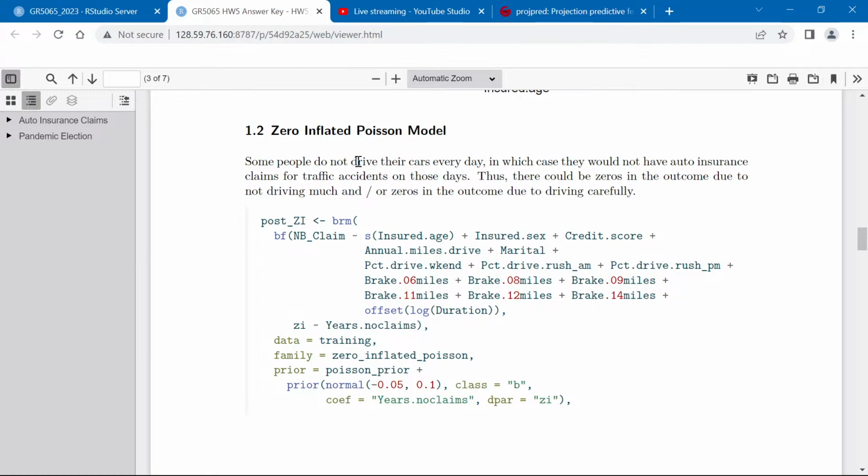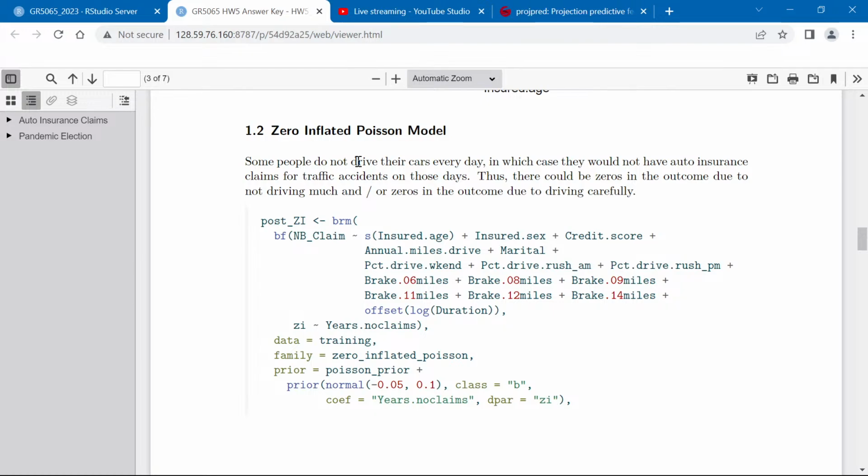But at least in this synthetic data set, depending on the model, that might be unnecessary, even though we have what seems like a good predictor of whether you have positive or zero auto insurance claims, based on the number of years in the past that you've had no claims.